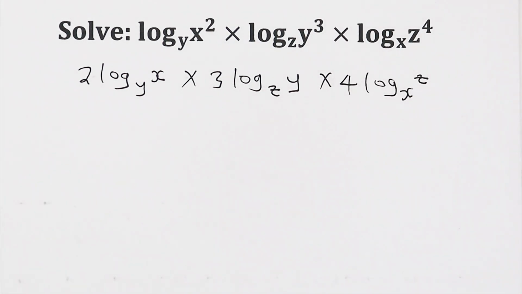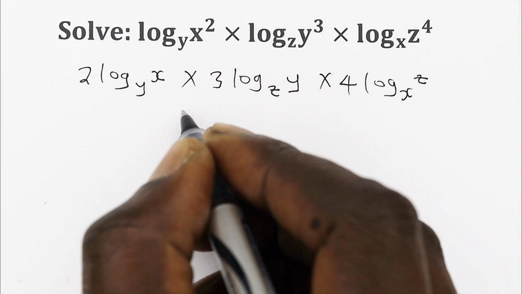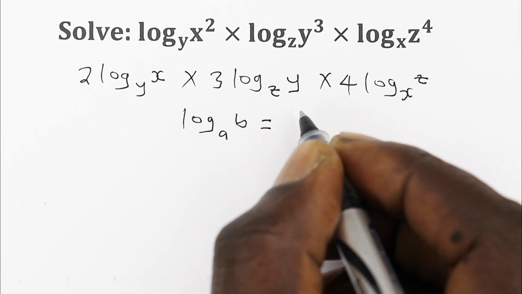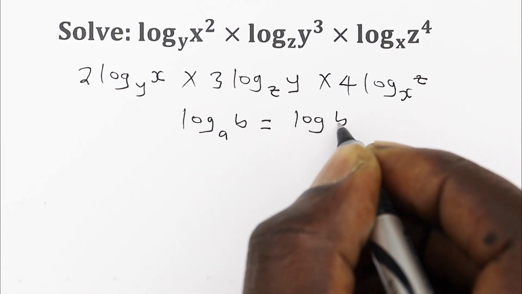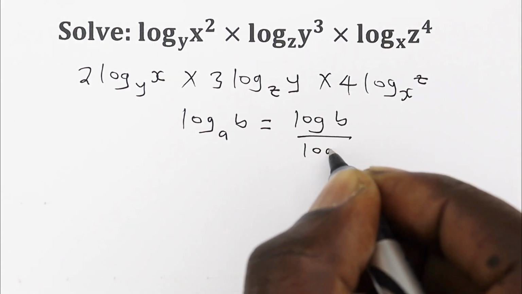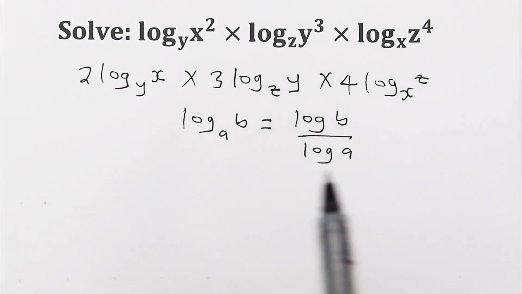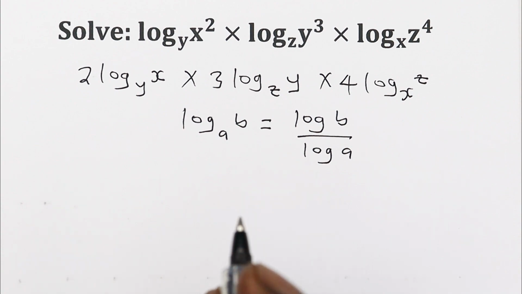So the second part is if we have log to base a of b, that is the same as log of b over the log of a. So let us apply this for each and every term in that product.